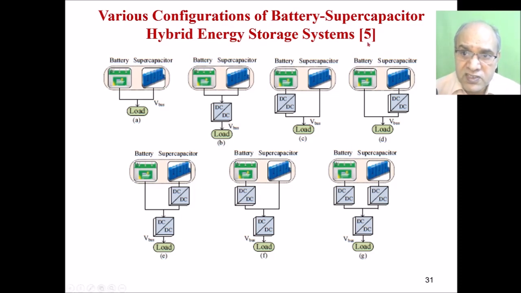I have given reference 5 where you can go and study, but the point is that either we can combine them together and have one common direct connection to the load. In that case there is no controllability, and the last case has the highest controllability because we can control the battery and supercapacitor together, and finally we can control the whole unit together through the load. In between there are other combinations that you can study.